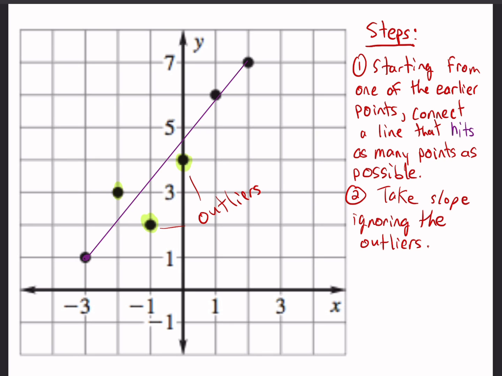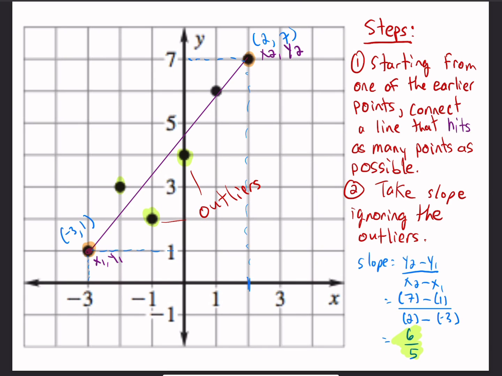So we're going to take the slope as we normally would, whereby I pick, I'll do this in orange here, the first point and last point over here. And then we're going to follow the slope formula. Below, you can see that I did y2 minus y1 over x2 minus x1.